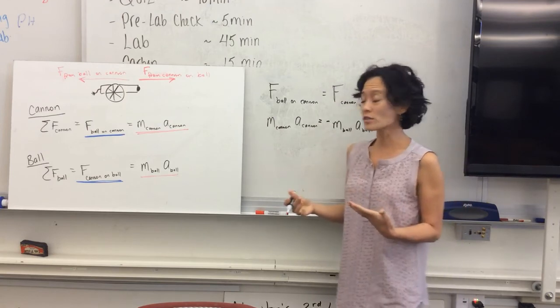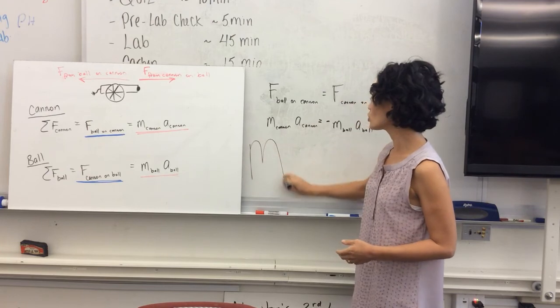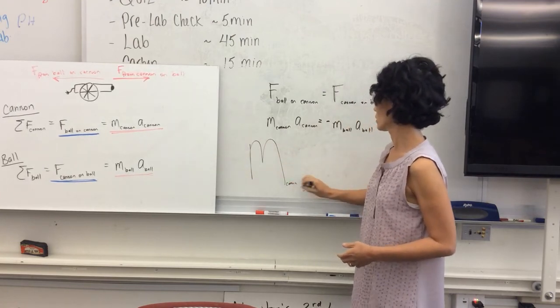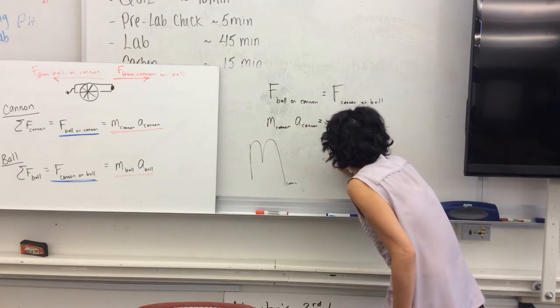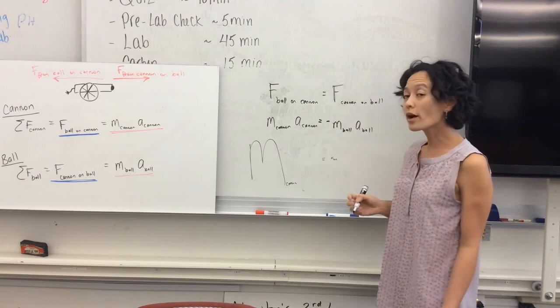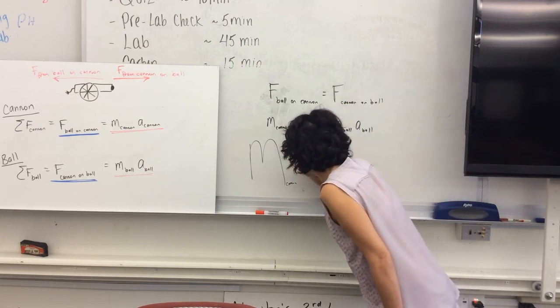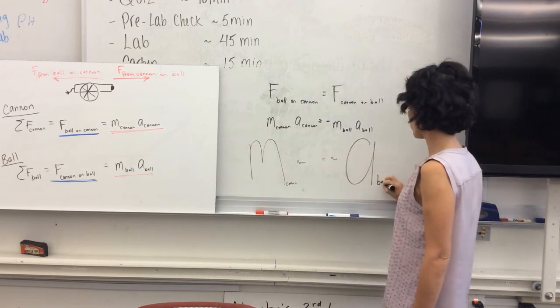Now, if we think about the consequences, mass of your cannon is huge. Mass of your ball, really tiny. But the products have to be equal, so that means the acceleration of your cannon is going to be tiny, whereas the acceleration of the ball is going to be huge.